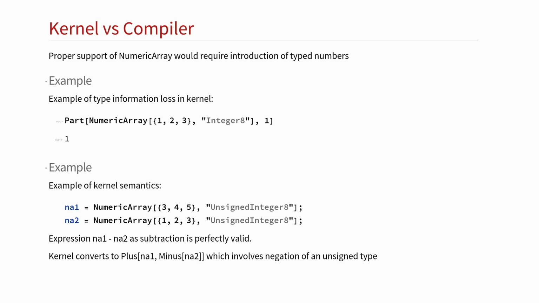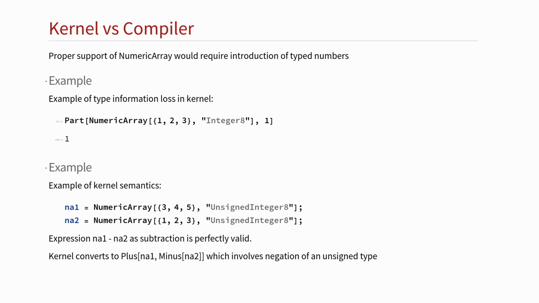I'm taking out this 1 here, but this 1 was an integer 8 type. I've extracted it from a vector, and I've made this scalar 1, which is a machine integer. So I've lost this type information. That's a problem with doing things in Mathematica. Or we introduce typed numbers. For every single type, we have a 1 that's an integer 8 type, a 1 that's an integer 16 type, and we have a proliferation of things.